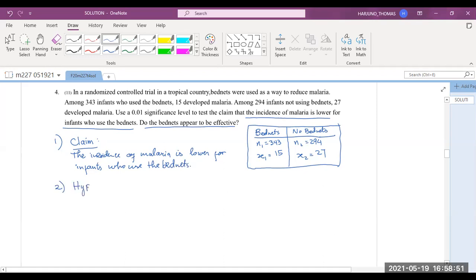Hypothesis. Let's say the group using bed nets is group 1, and the group not using bed nets is group 2. So the hypothesis is that the group using bed nets has a lower proportion of malaria incidence compared to the group without bed nets.